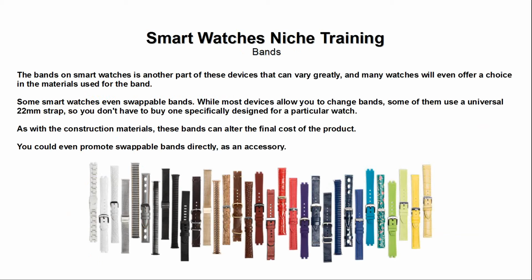If you're getting something with a stainless steel band, maybe something a little more common like this silver one right here, something more like what you might see on a normal watch being sold in a nice department store, something like this can easily add $50 or even $100 to the cost of the watch. You could also promote these swappable bands directly as an accessory for these products. For people that already own a smartwatch and maybe they just want to get a different band.